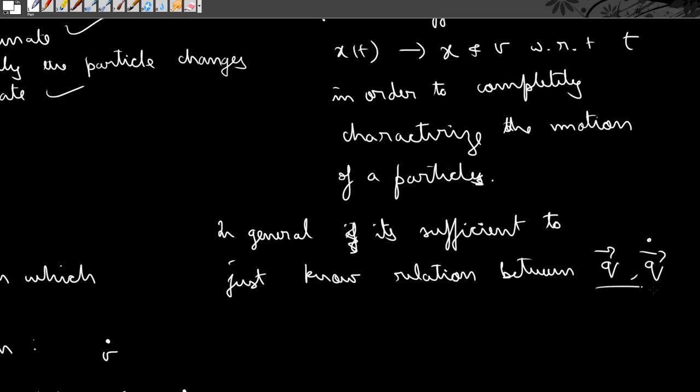So if we know this, it implies we know q of t, we know q dot of t, we know q double dot of t, and so on. So therefore it is enough if we know the position and the generalized velocities at every instant of time for the given particle in order to completely characterize the particle's motion.